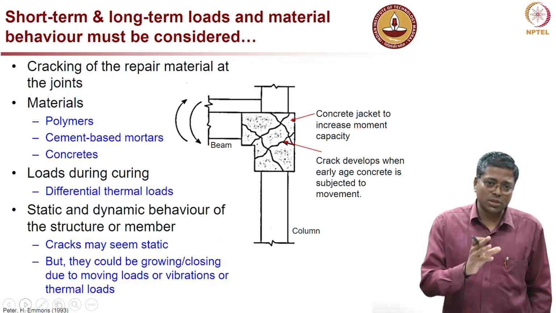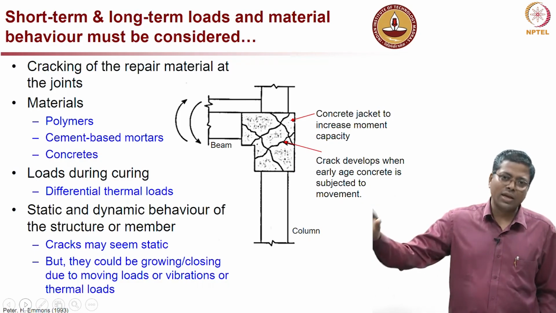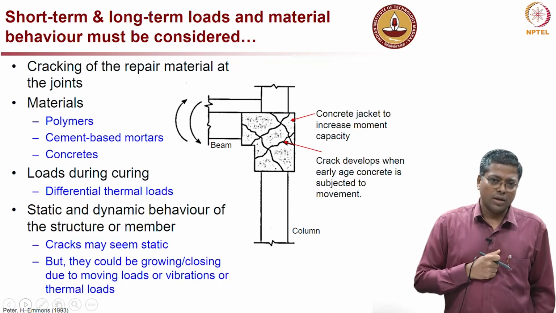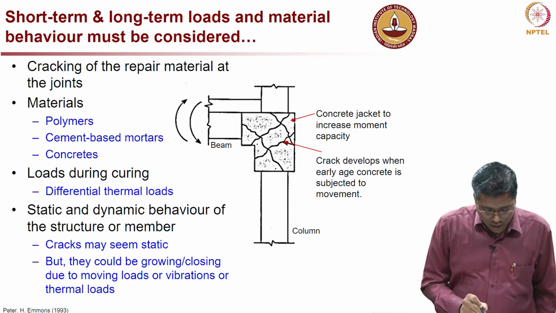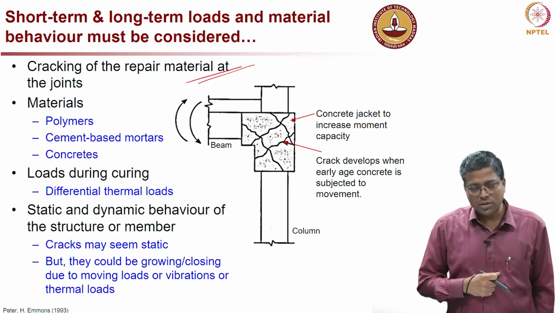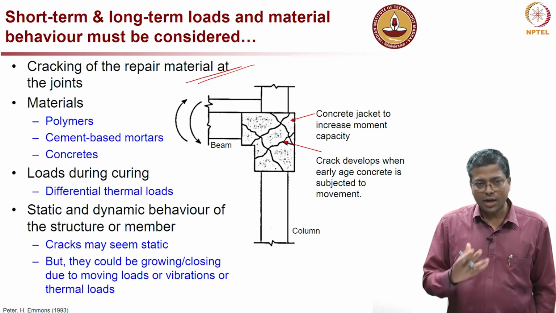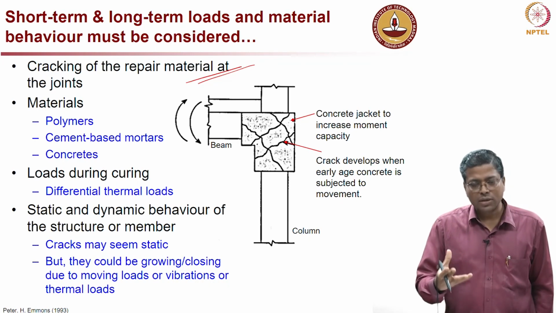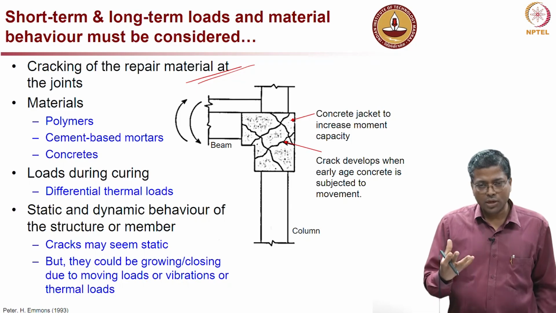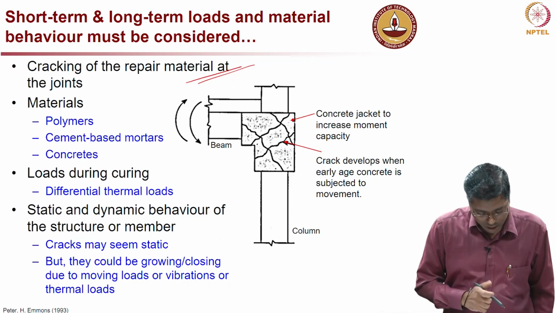So, whatever assumptions you have on material properties at the time of construction should remain like that during the entire life of the structure. So, cracking of repair material at a joint must be prevented by providing enough time for that material to build enough strength and stiffness, so that cracks do not really happen.